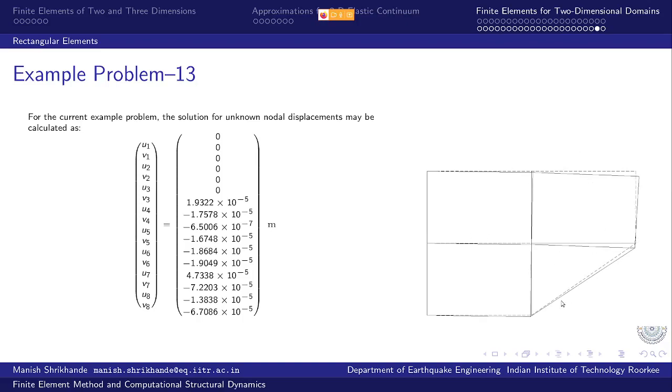So this is the displacement wireframe diagram. This is referred to as the wireframe diagram of the mesh to show the original undeformed configuration in the dotted line, and solid lines representing the deformed shape.